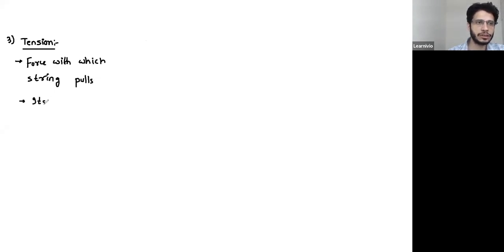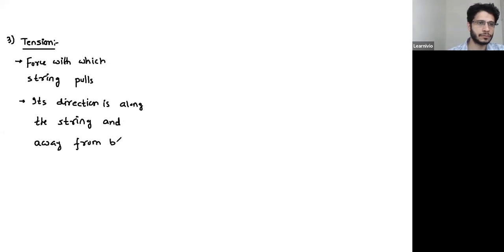Its direction is along the string and away from the body. So tension is a force which acts along the string, and its direction is along the string and away from the body.